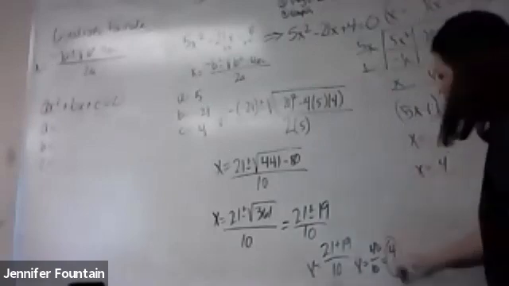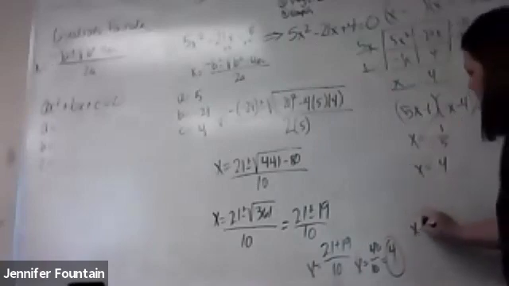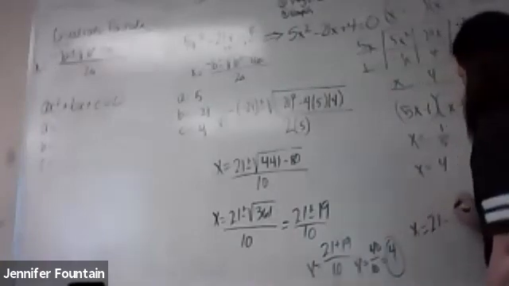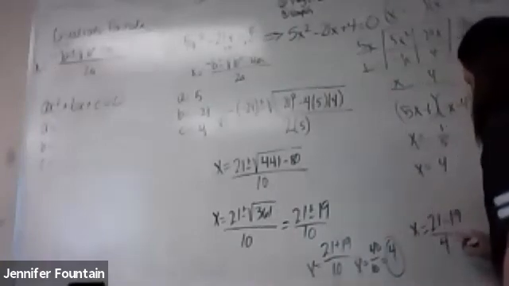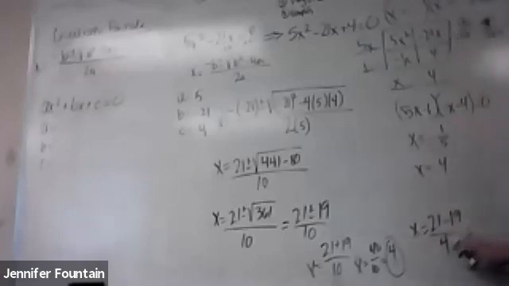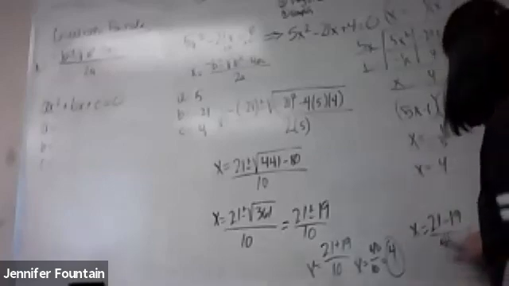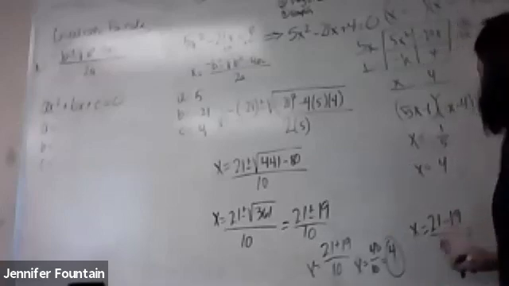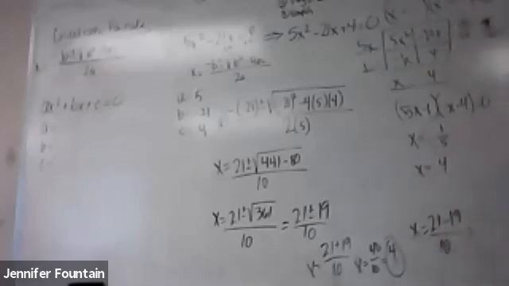Okay, so X can be 4, or X is equal to 21 minus 19 over 10. What's 21 minus 19? 2, so 2 over 10, which reduces to 1/5. Oh, so it is right. So we ended up with the same exact answers.